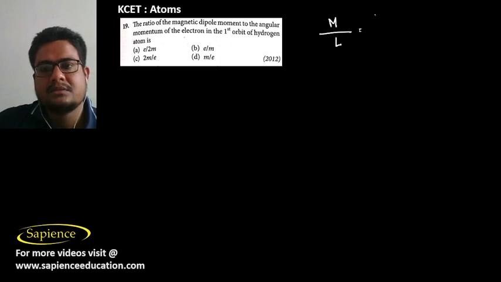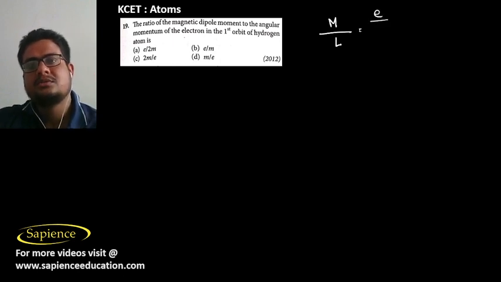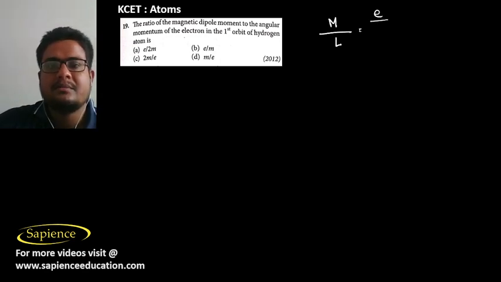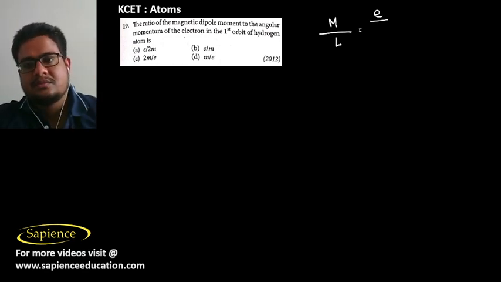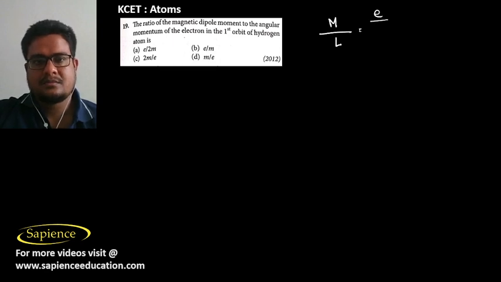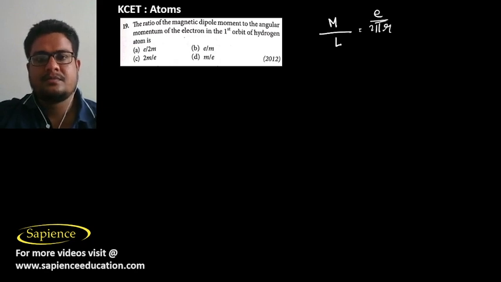Electric current is charge by time. The time period of revolution is 2 pi r by v.